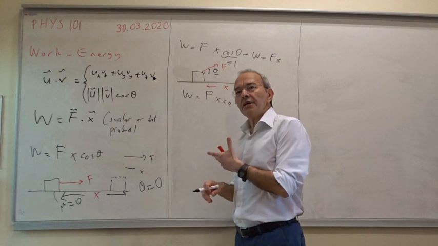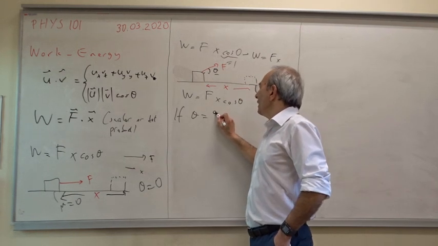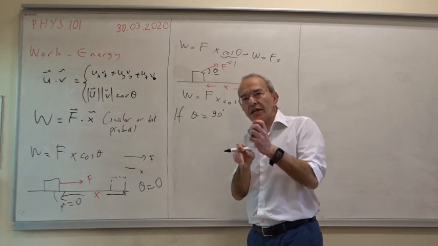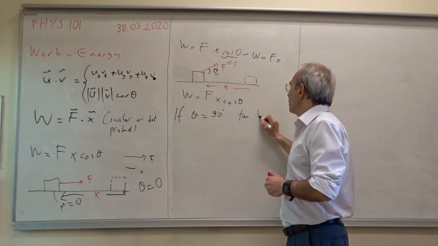And we understand immediately that if theta equals 90 degrees, for instance, if F and x are perpendicular vectors, then there is no work.